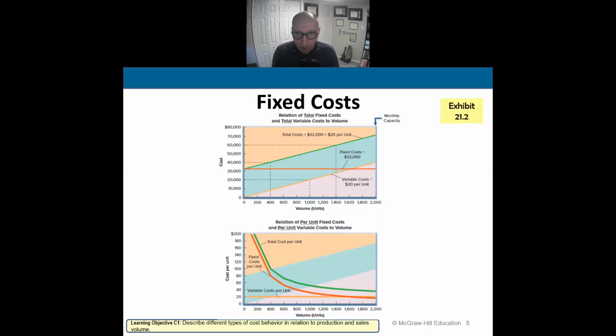So we see how low it gets with the more units I'm producing. Because my fixed cost per unit is decreasing over the volume being produced, we see that my total cost per unit is also decreasing. Because remember, total cost per unit is fixed cost per unit plus variable cost per unit.